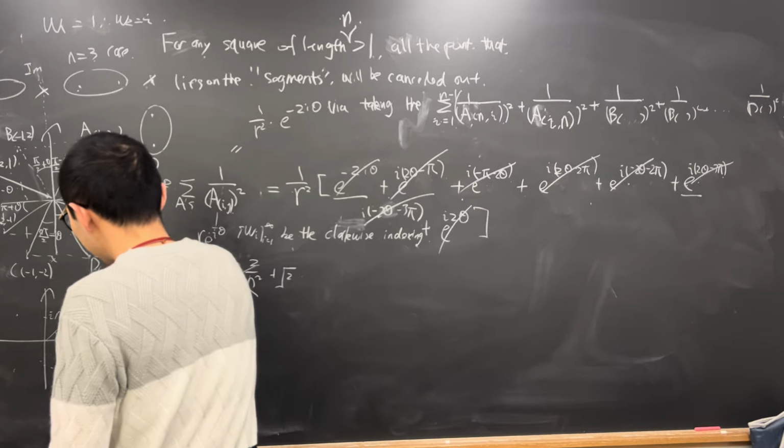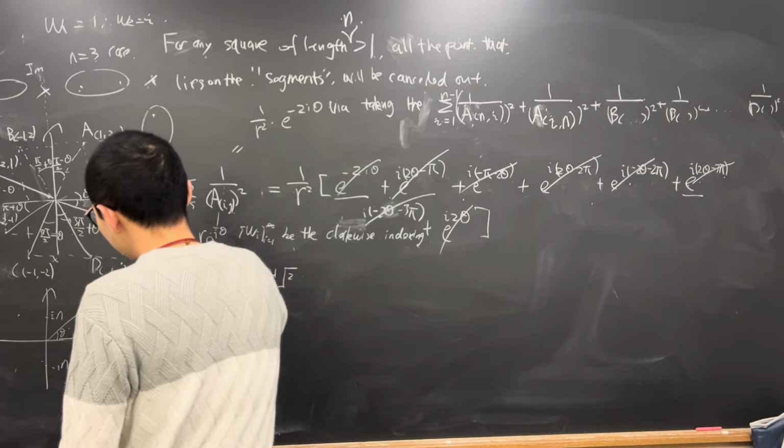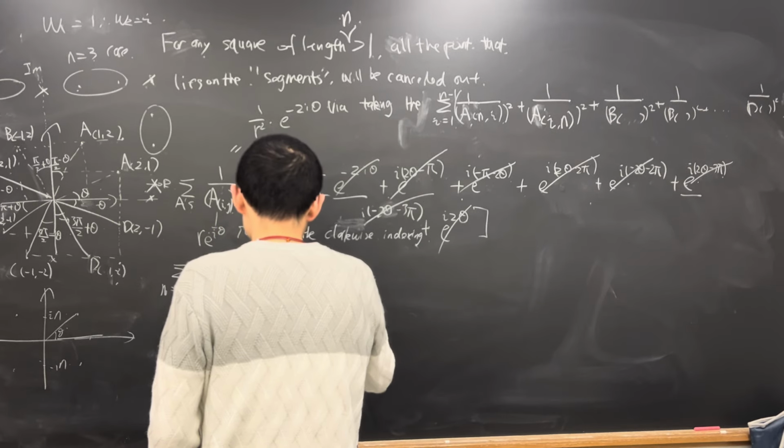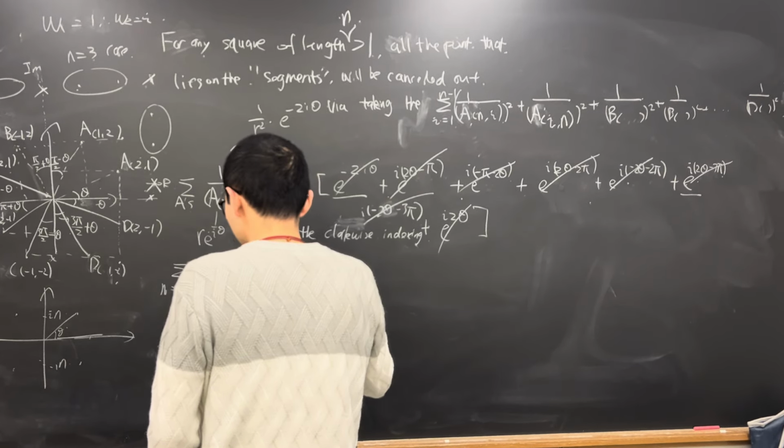So the length is like square root of 2 times n, and this is the radius.